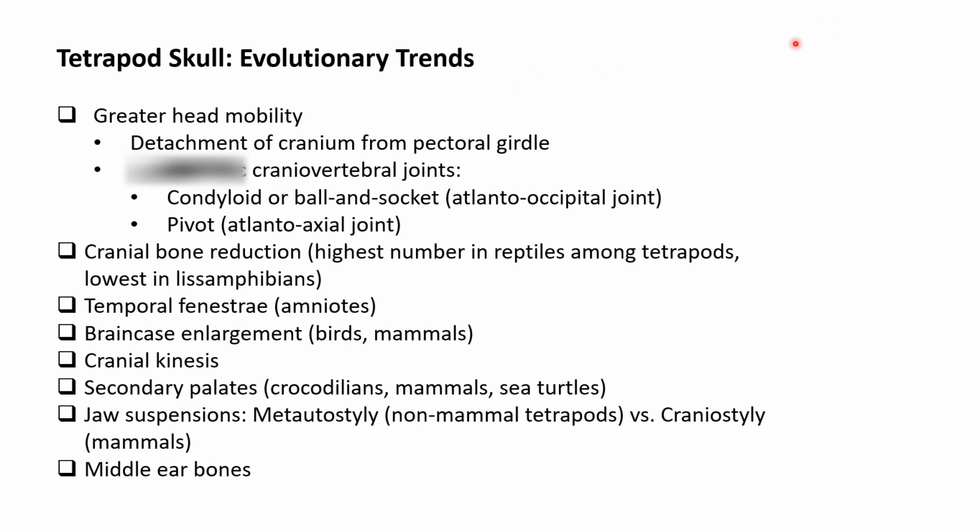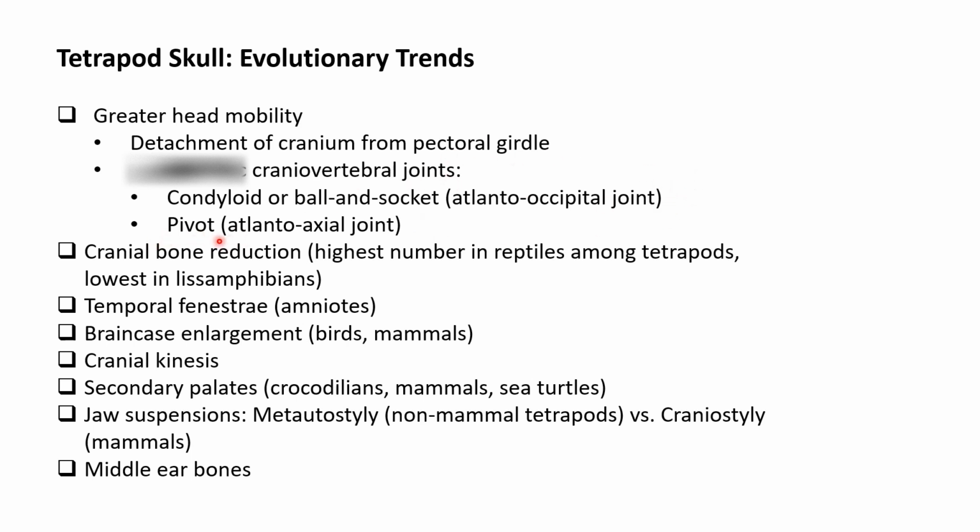The previous slide already showed how the loss of dermal bones linking the shoulder girdle and the skull has resulted in a movable head. This was seen as early as in Tiktaalik. The appearance of more mobile joints, synarthrotic joints, in the craniovertebral junction, like a condyloid or ball and socket type of joint in the atlanto-occipital joint.